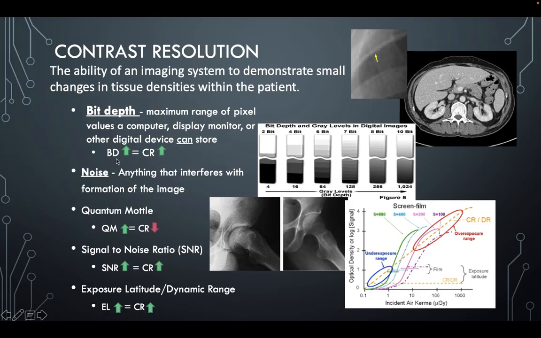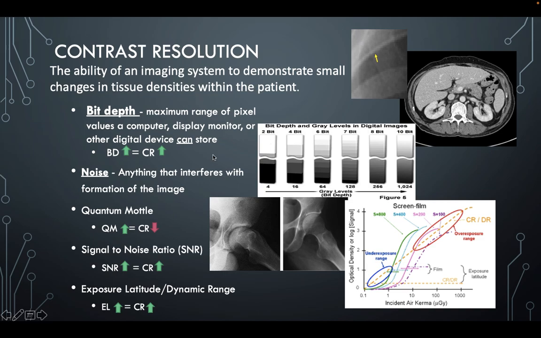So BD, bit depth. As my bit depth increases, contrast resolution can increase. Remember, this is based off of what I'm imaging. If I'm imaging a chest X-ray and I have increased bit depth, I will likely see an X-ray of a chest that demonstrates a lot of shades of gray, as long as my technique is correct.